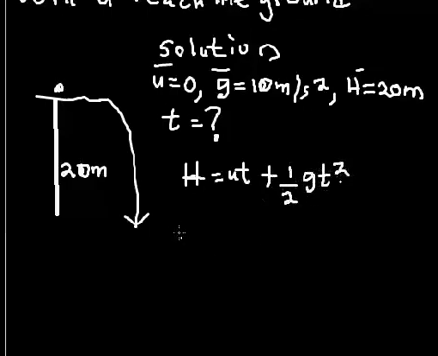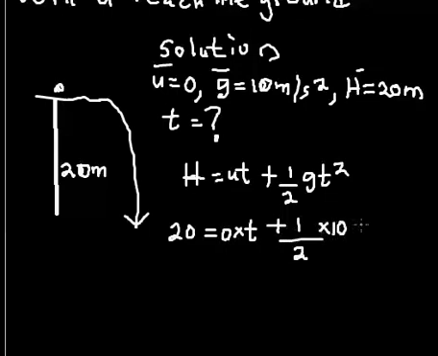So h is 20, I write that down. 20 equals u, which is 0, times the time that I'm looking for, plus half times 10, which is the g, times t squared. The first term is gone, so I'm left with 20 equals 10 divided by 2, that's 5, 5t squared.